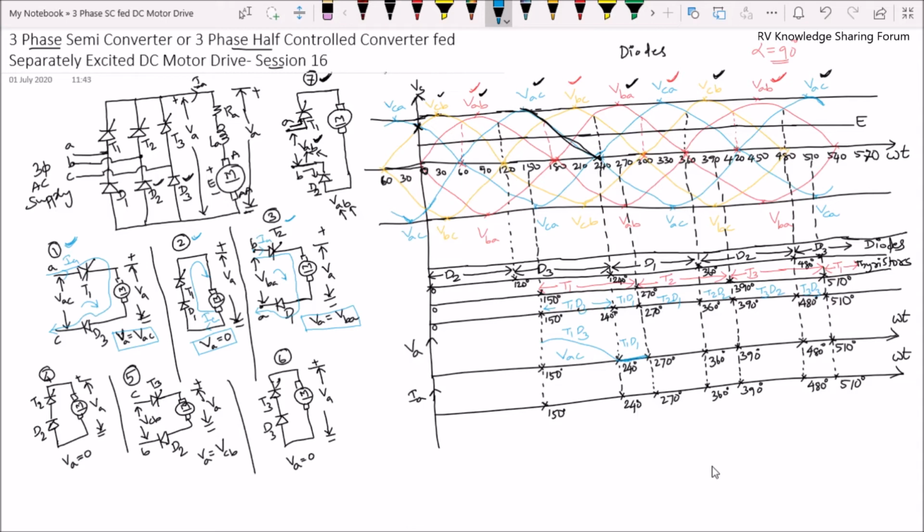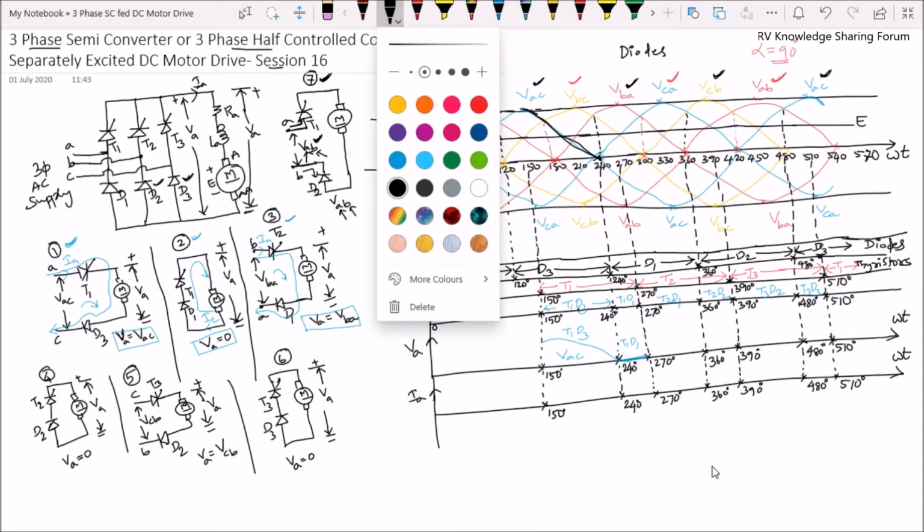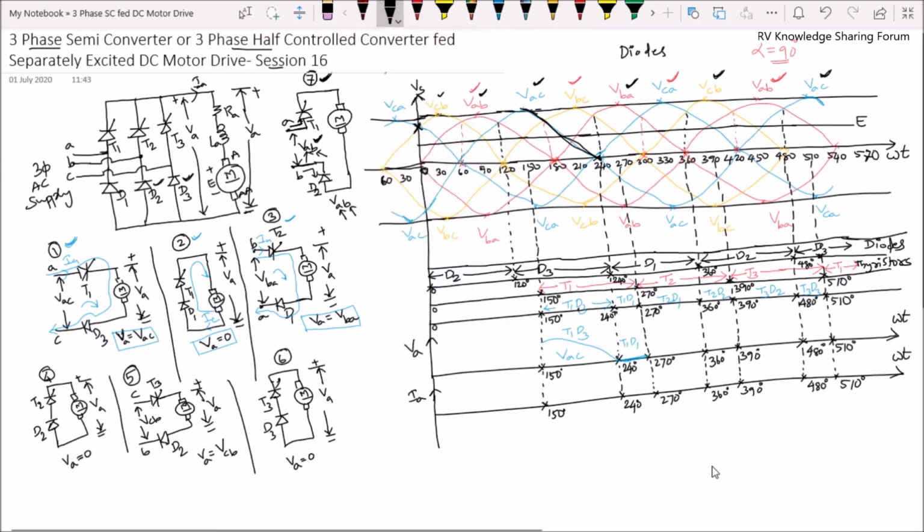So from 270 degrees to 360 degrees, let me mark in black color in the input line voltage so that we can trace the output curve. Our output voltage, which we obtained after applying KVL, is VBA, so we just have to follow the VBA trace from 270 degrees to 360 degrees.